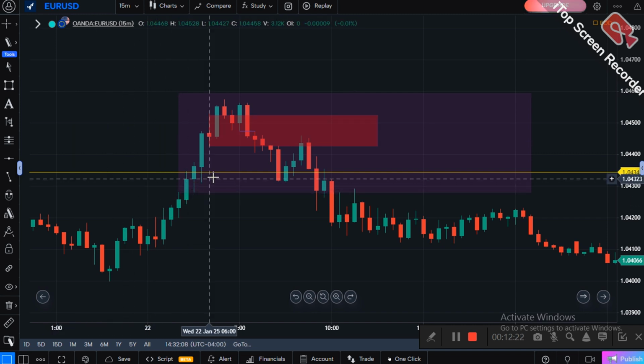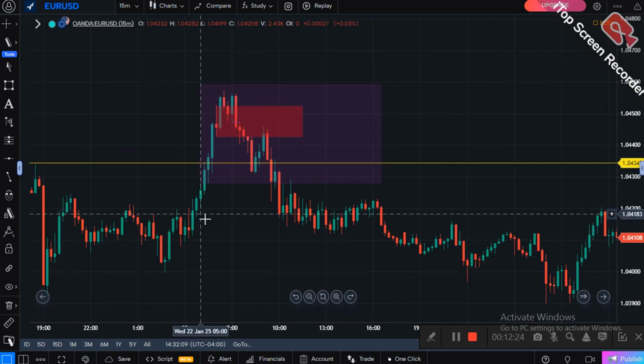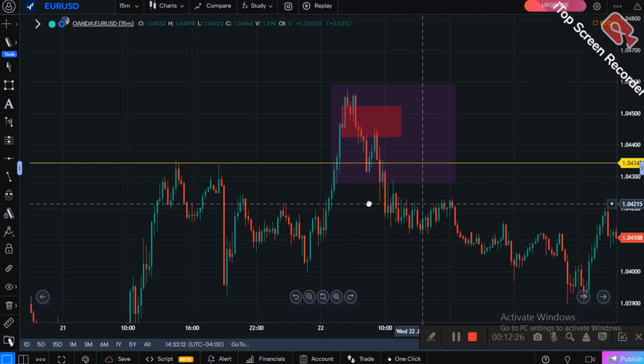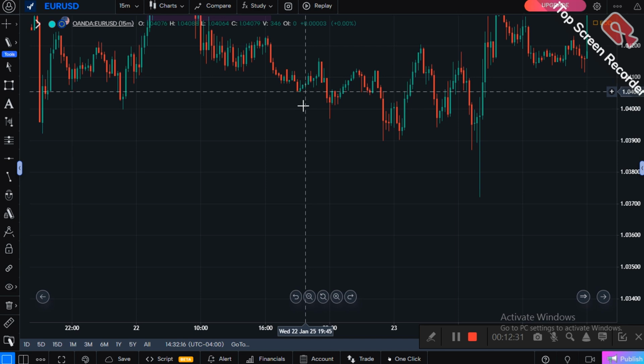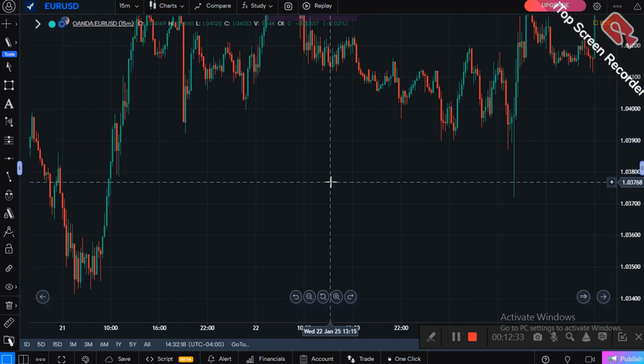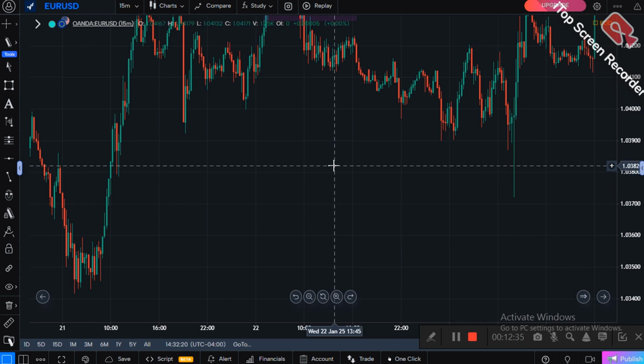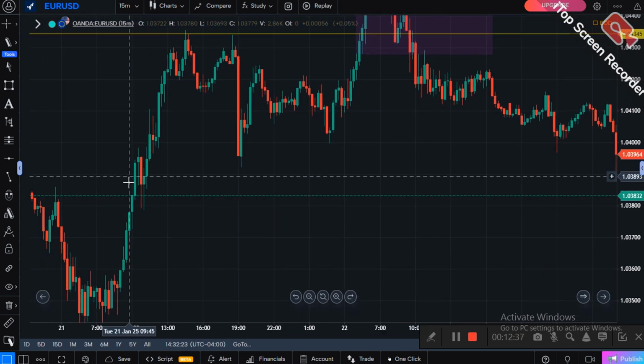So once you apply this, you get a better reward to risk ratio. Wow, what a great profitability. There's some rejection block there in this place.